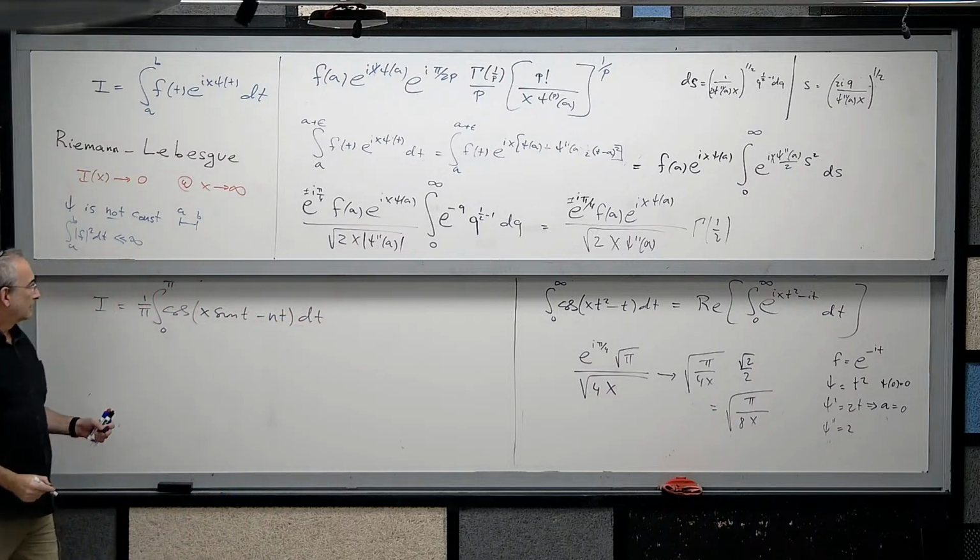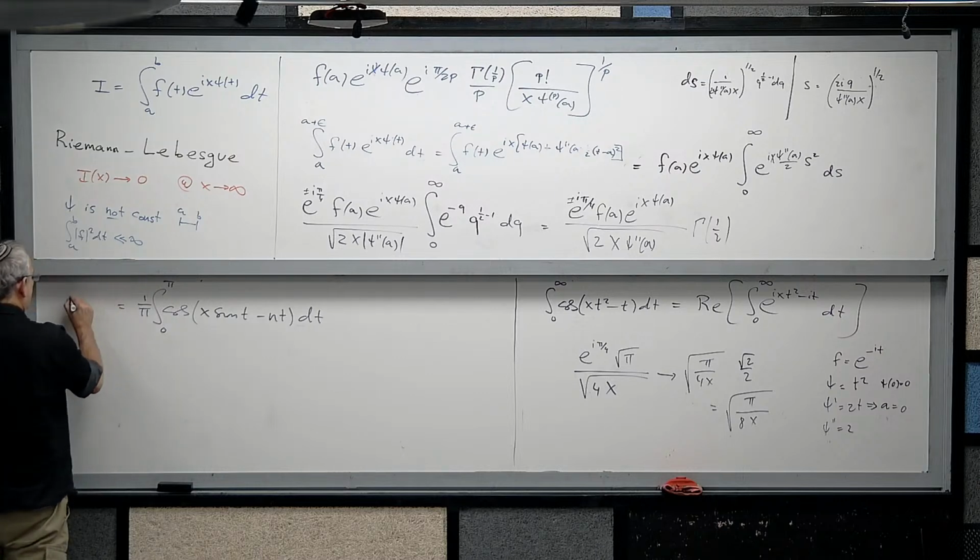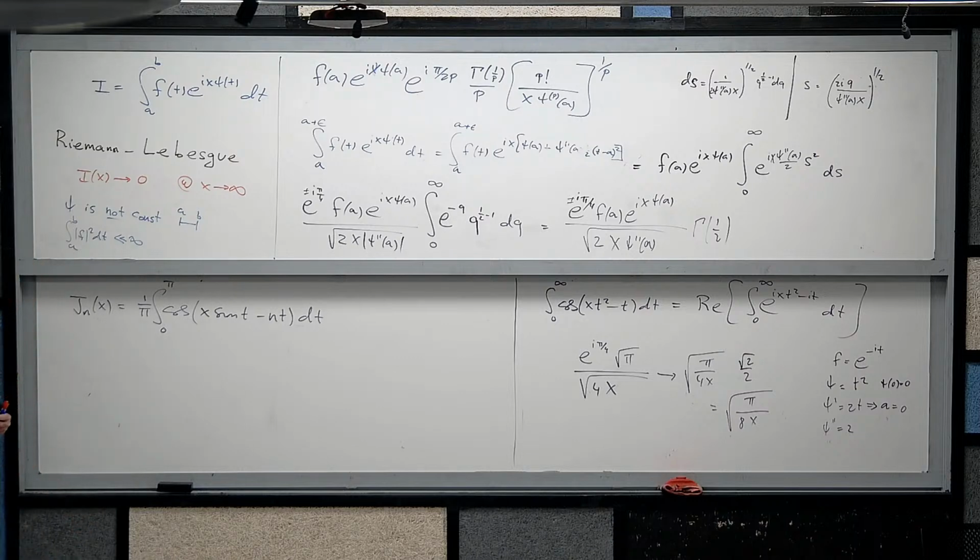Now, first of all, what is that? Similar to the second one. Exactly. This is actually Jn of x. Note that I want now to estimate it not when x goes to infinity, but when n goes to infinity. I want to calculate the expansion of Jn of x as n goes to infinity.